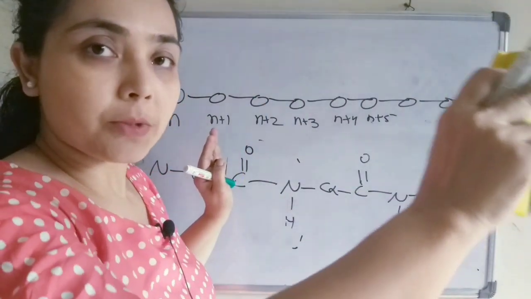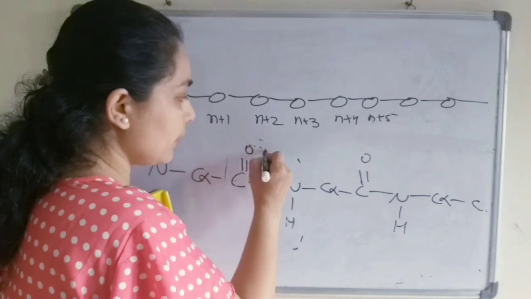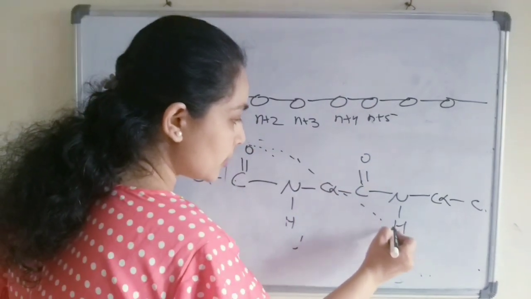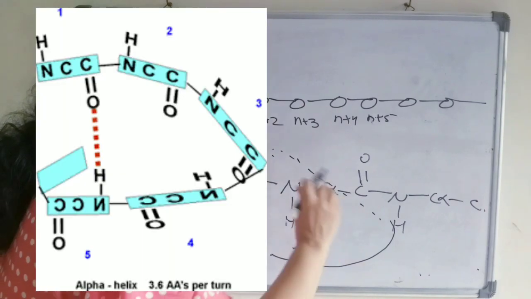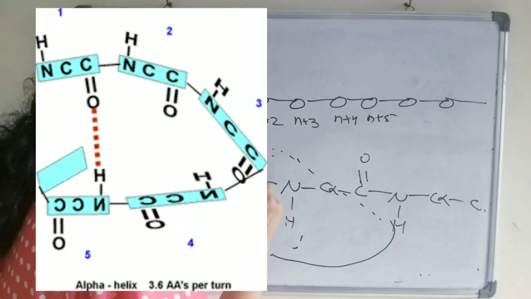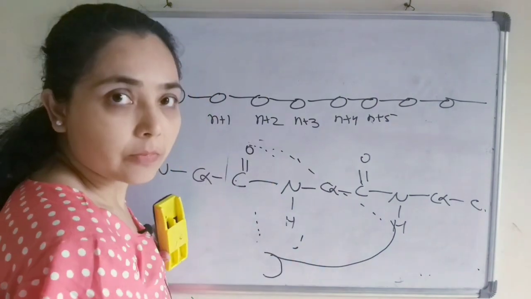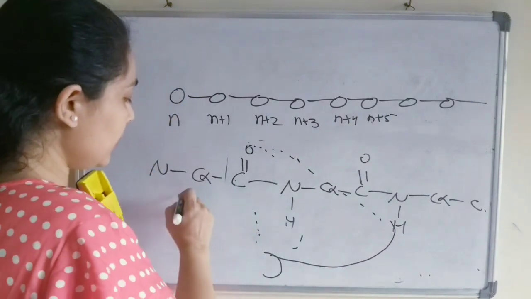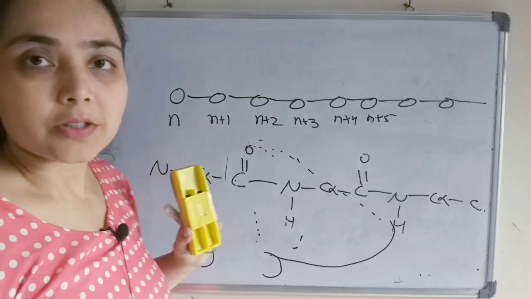That will form the stable secondary structure. Suppose this oxygen forms a bond with the hydrogen. This chain will come closer here and form a bond. Again it will form a bond with another hydrogen.